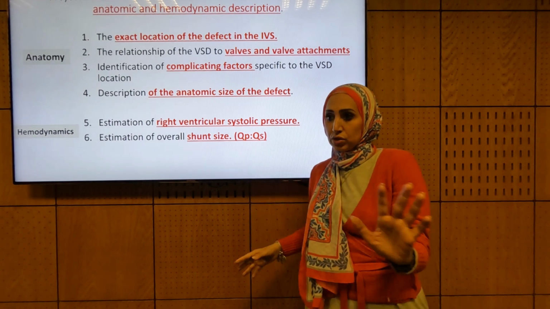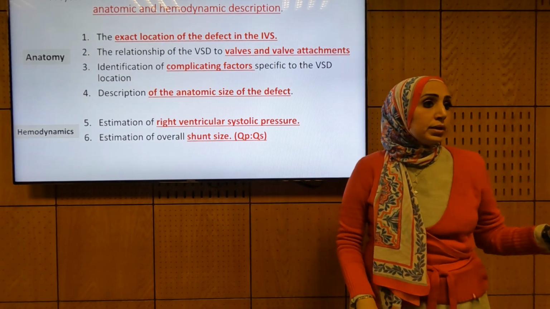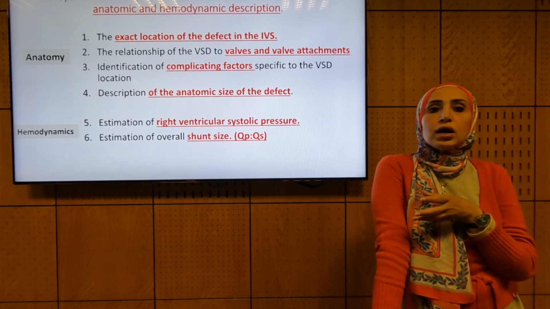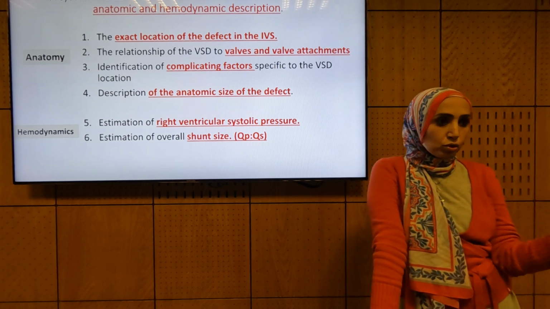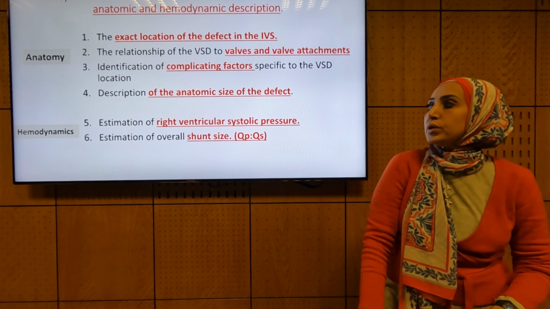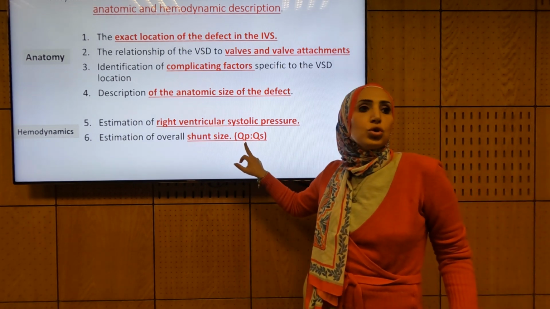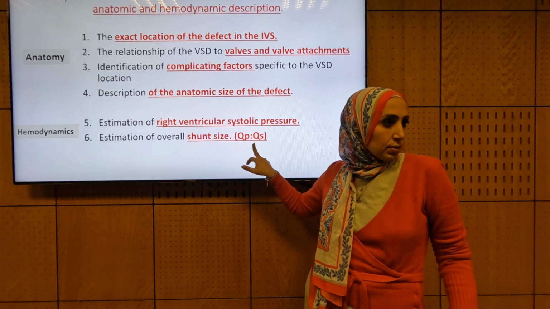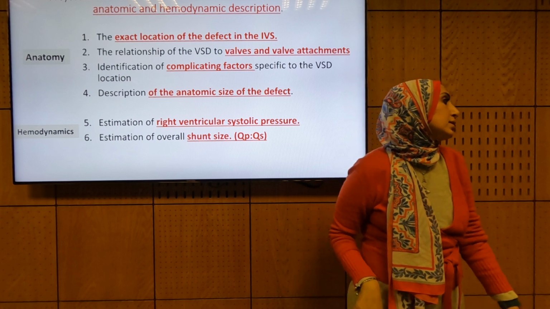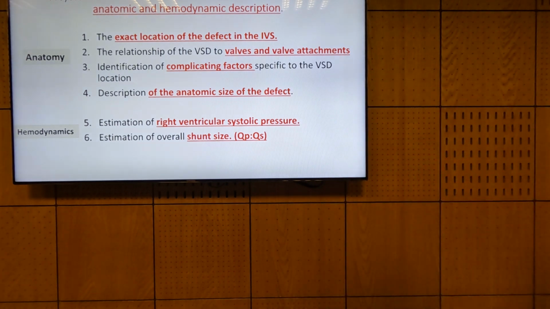Normally, the pulmonary flow will be equal to the aortic flow, but if you have a left to right shunt, the pulmonary flow will be increased by the magnitude of this shunt. So we use the terminology of pulmonary flow to systemic flow, or QP, the pulmonary flow, to QS, the systemic flow. So any report should have these 6 points: 4 points about the anatomy and 2 points about the hemodynamic effect.